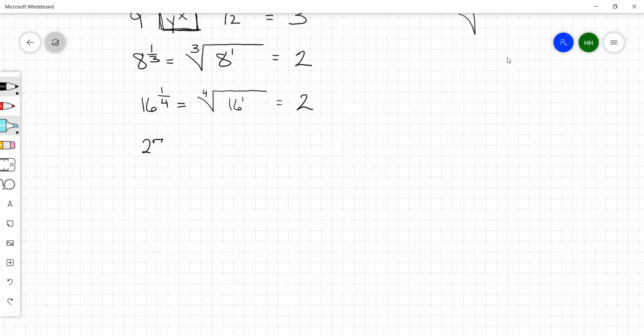Now 27 raised to the 2/3 power. That's the third root of 27 squared. So in your calculator, you take 27, you raise it to the 2/3 power, and that's equal to 9.